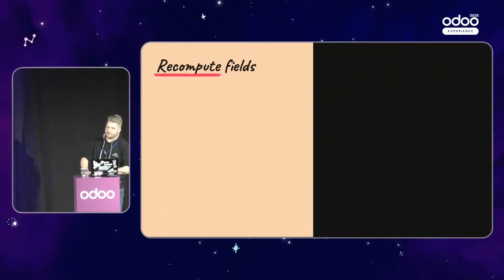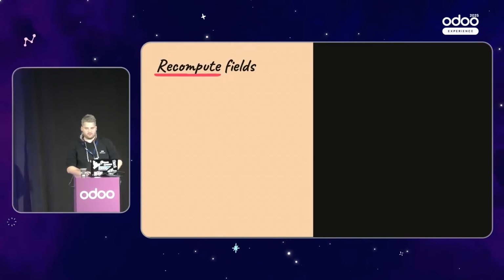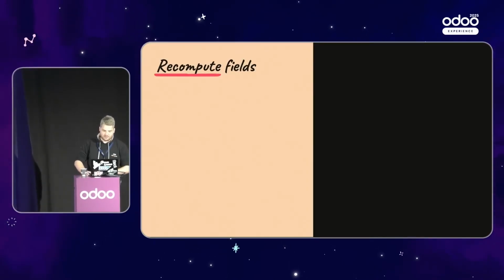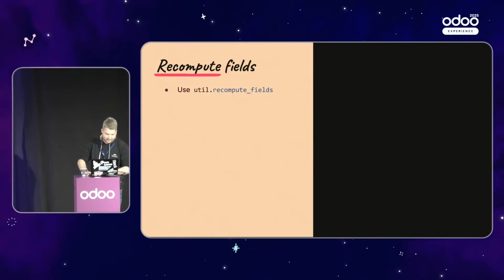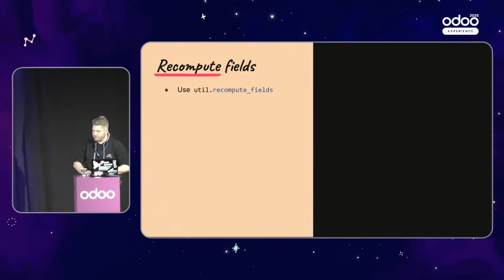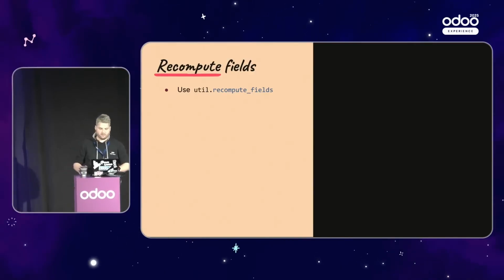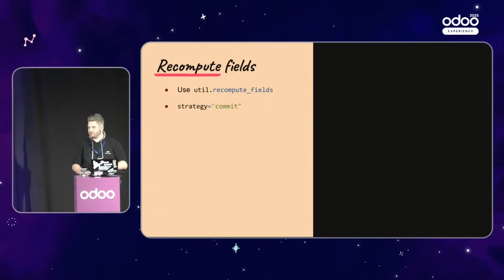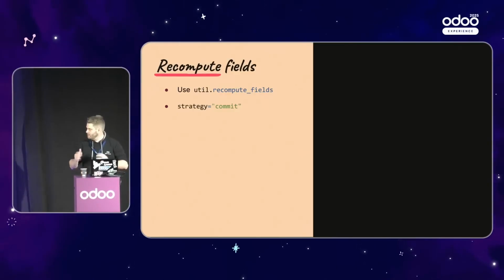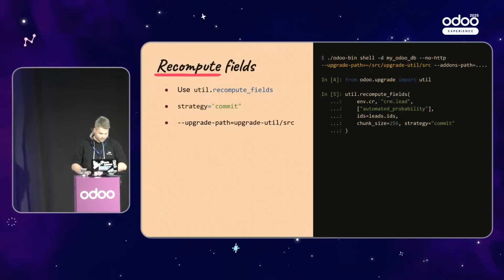Recompute fields, sometimes that's something you need to do for a lot of records. And we also have a tool for that, which is a bit hidden. It's from the upgrade util repository, which is public. You can find it on our GitHub. We will use the commit strategy because we want to end the transaction as soon as possible.